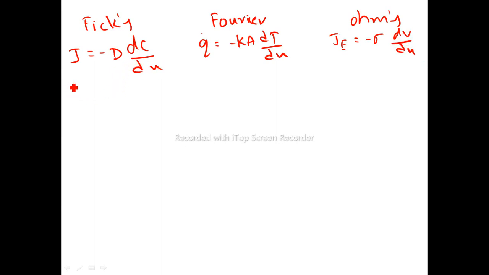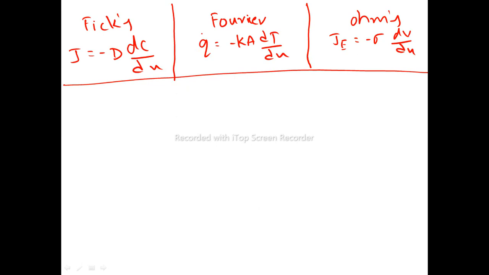See, all three have the same kind of expression. That's why they are analogous to each other.